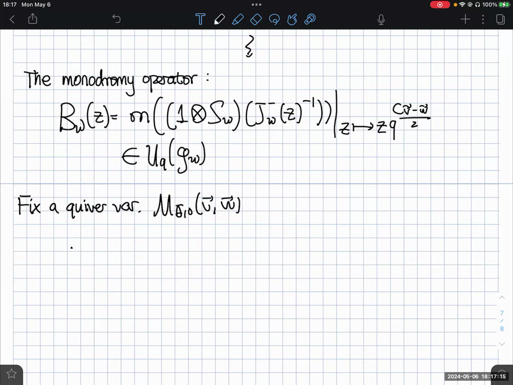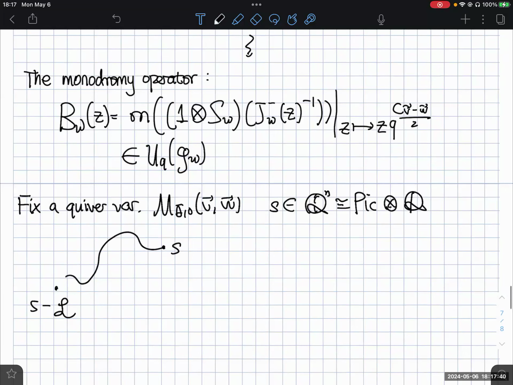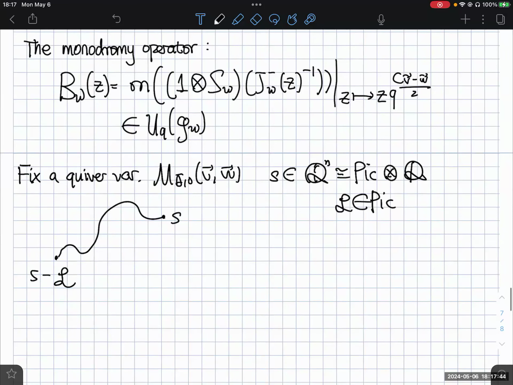We can choose a path, for example, from the point S in the Kähler space to S minus L. We choose a path from S to S minus L, where L is an element in the Picard group.